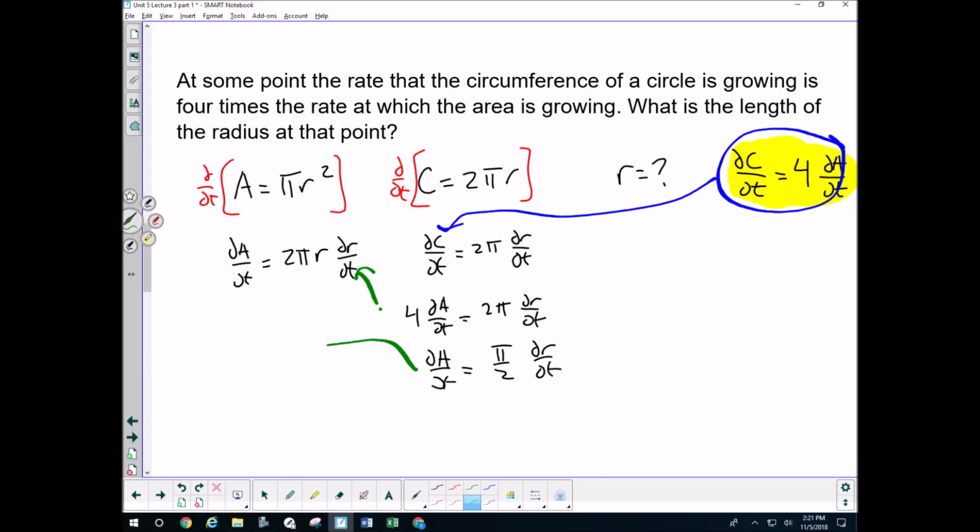So I'm going to take this and plug it in for dA/dt and go from there. So why don't you guys finish off, find what r is. It looks like we should get an answer of 1/4.